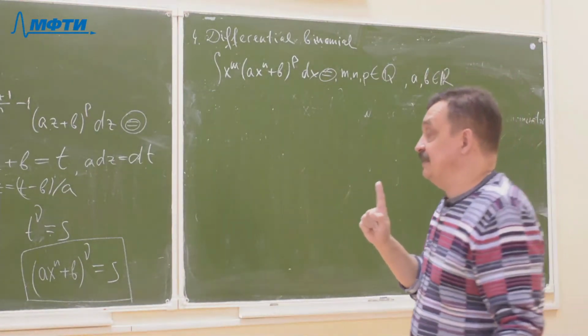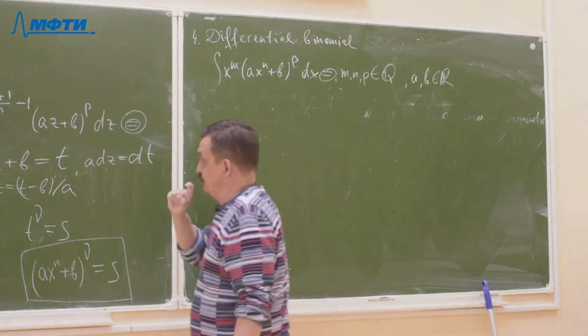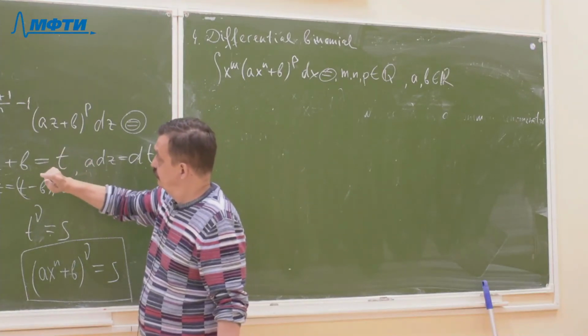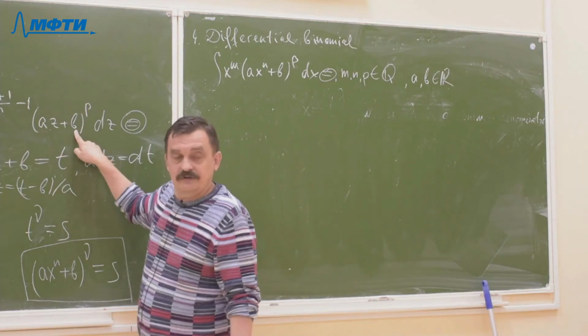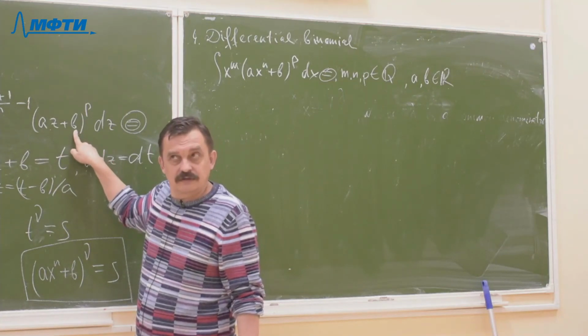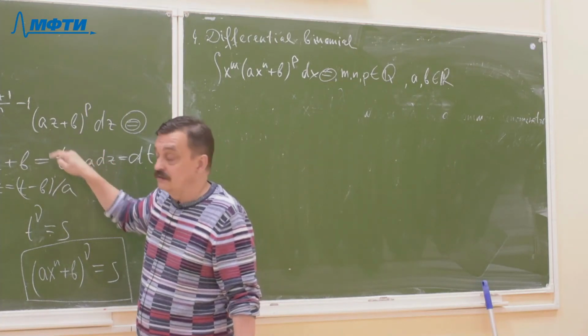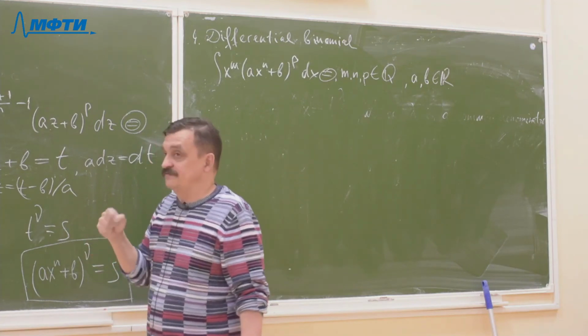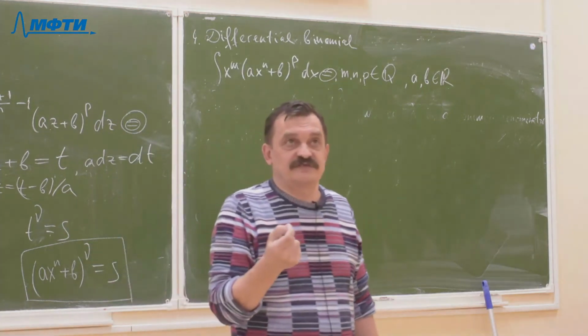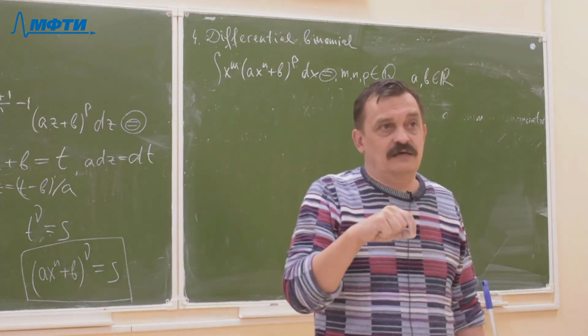Now, the idea is the following. We had a linear polynomial of z. Now, let us transform it a little bit. Instead of z, take 1 over z.